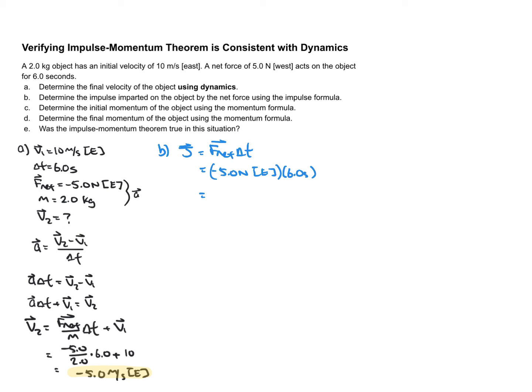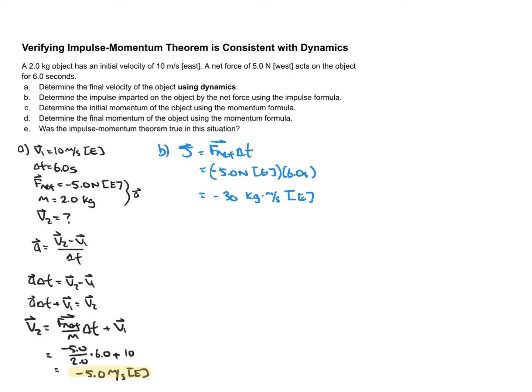That's going to end up being negative 30. It'll be in newton seconds, interestingly, which is equivalent to the standard units of momentum, kilogram meters per second. Negative 30 of those east.